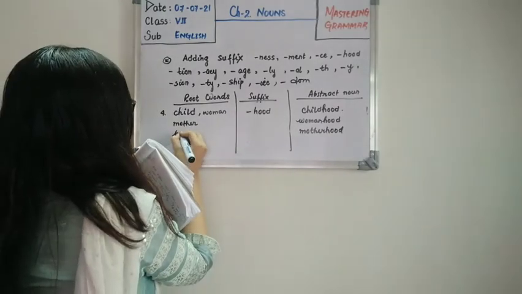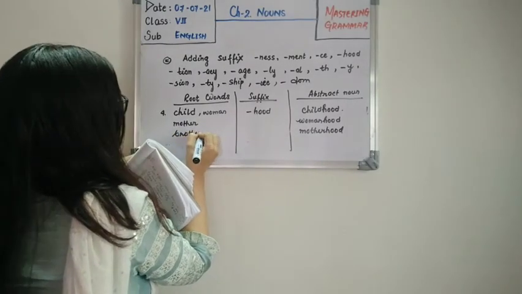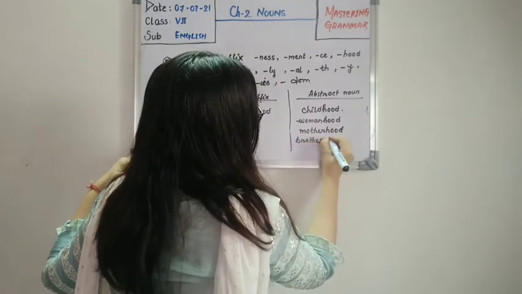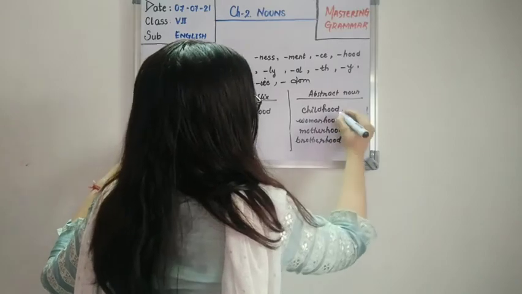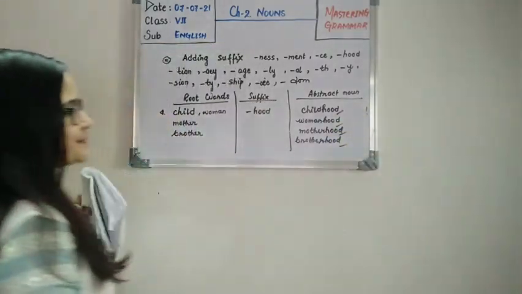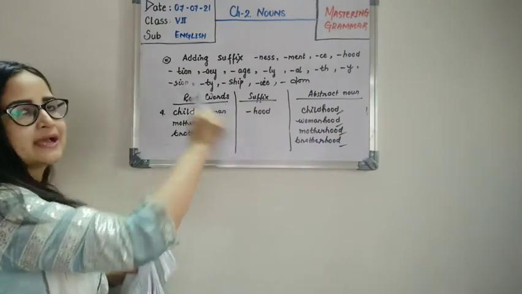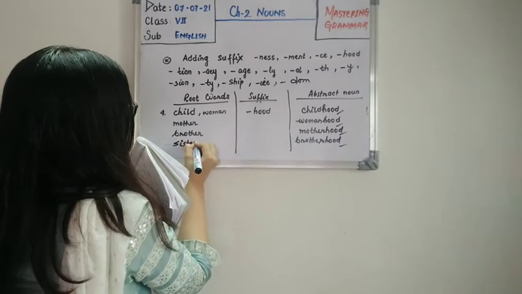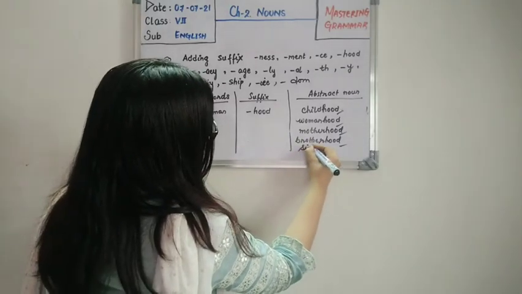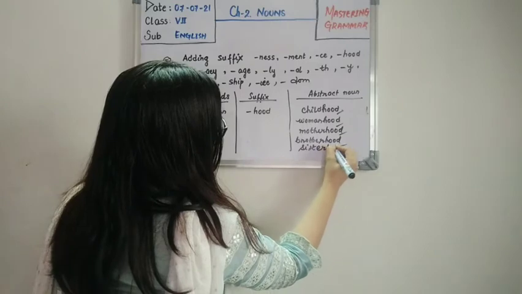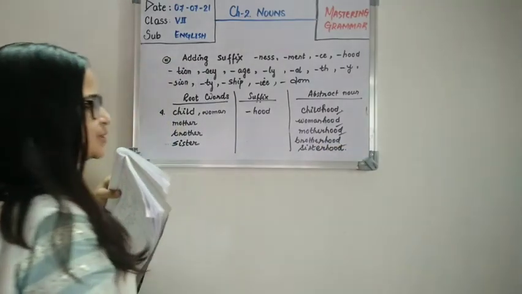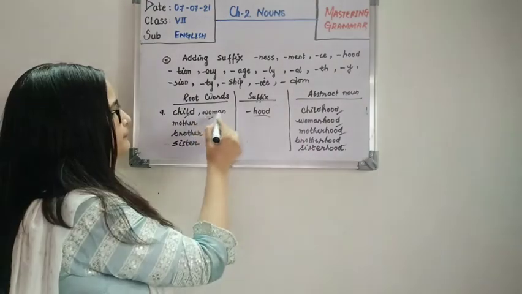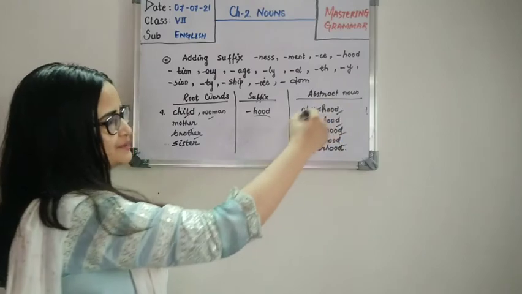Brother, all the relations here, brother becomes brotherhood. So we see after adding this hood, all these common nouns have changed into abstract nouns. Again we can write sisterhood. Lots of words are there, children. Manhood, all these words you can understand. We have just added one word to each of them and then we have turned it into an abstract noun.